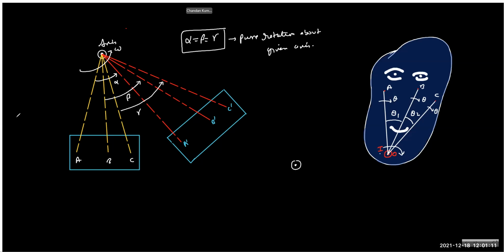So pure rotation is something which we always look for. Except that axis, the instantaneous axis, the other axes would not give pure rotation.